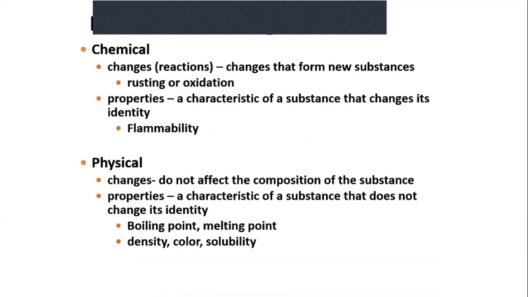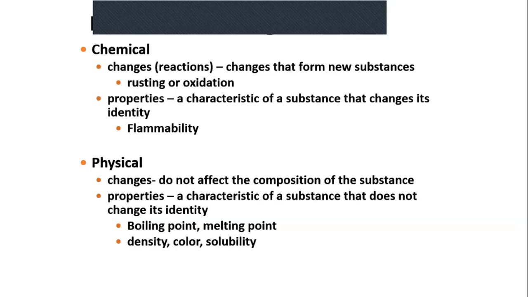Chemical changes or properties are a change or property that changes the identity of the substance. So what you start with is not what you end with. For example, when a metal rusts, it's a chemical change. Or when sodium is oxidized by water, that is a chemical change because the resulting substance is not what you started with.